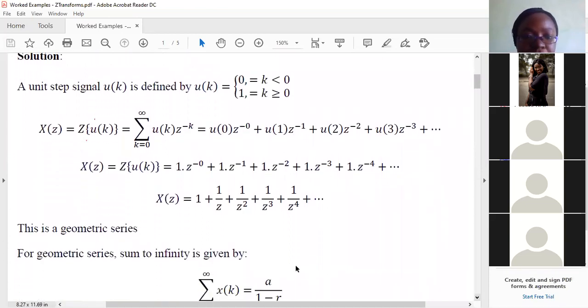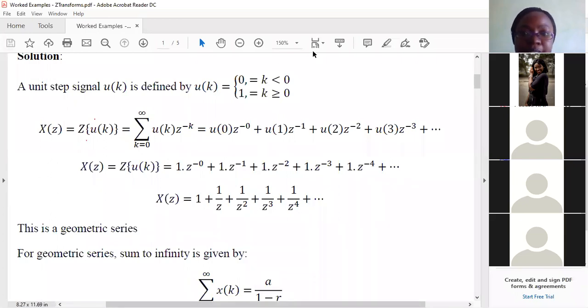Then when you expand this out, 1 times z to the minus 0 is 1. Then 1 times z to the minus 1 is 1 over z. So you continue the series like that.